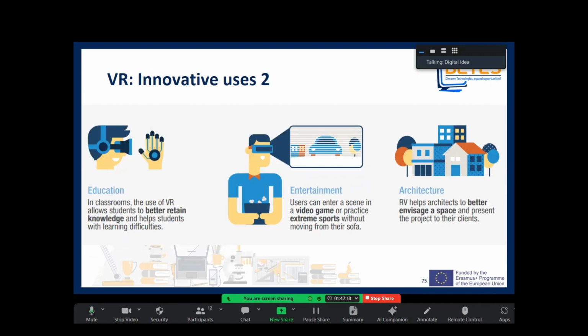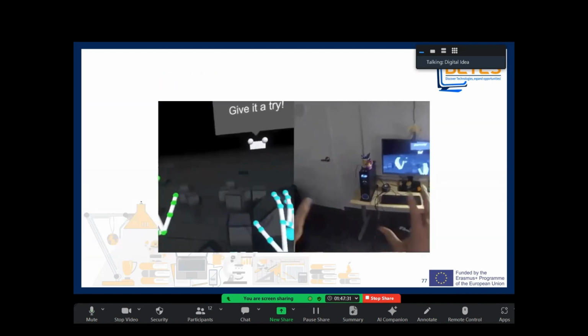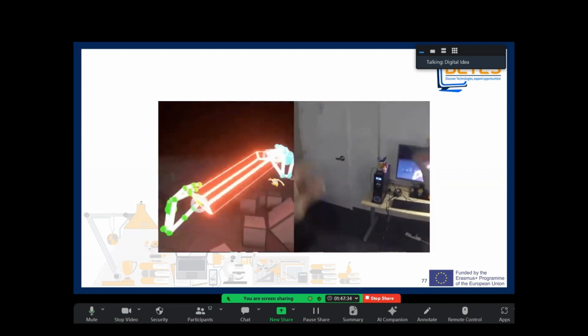Education, entertainment, and architecture are fields of VR use. And industry, culture, art, and military are also some innovative ways to use VR.